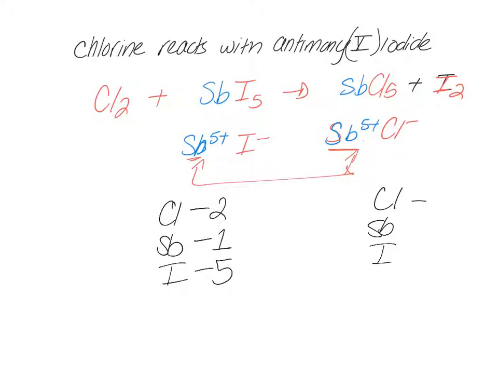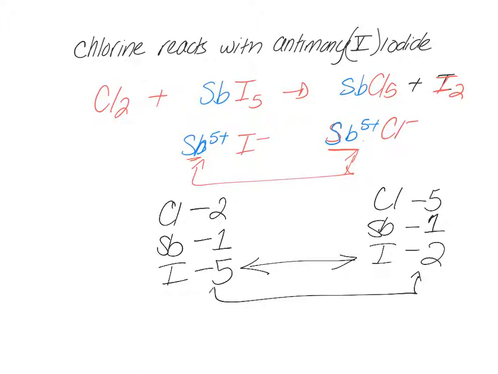Over here I have 5 chlorine, I have 1 antimony, and 2 iodine. So I have to come up with a number that they have in common, right? So the number that they have in common would be 10, and I get that by multiplying these two numbers together. So 5 times 2 is 10.